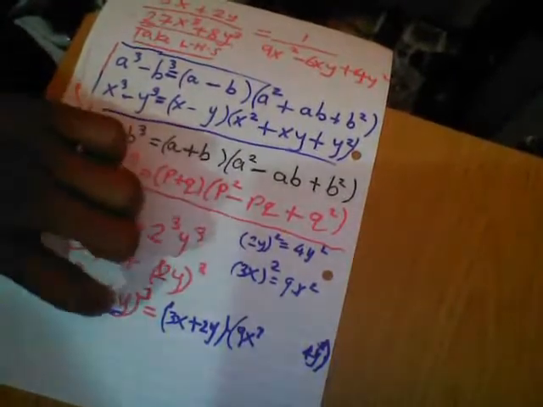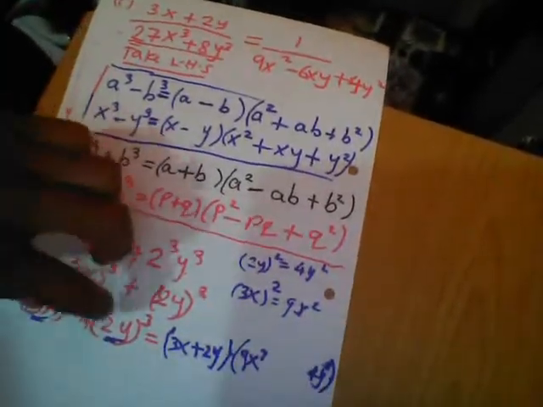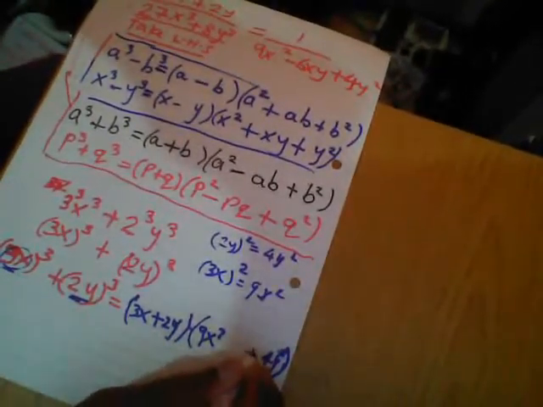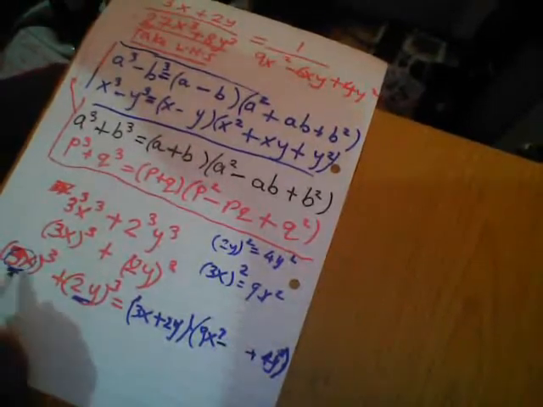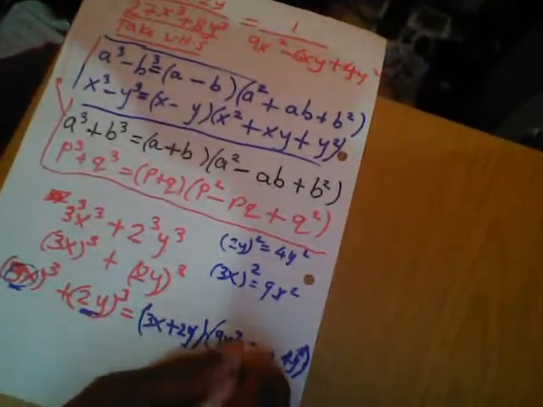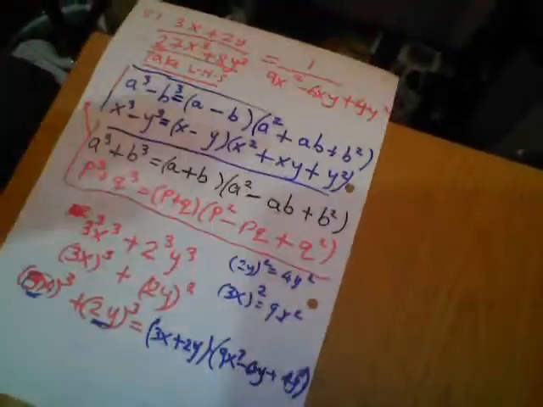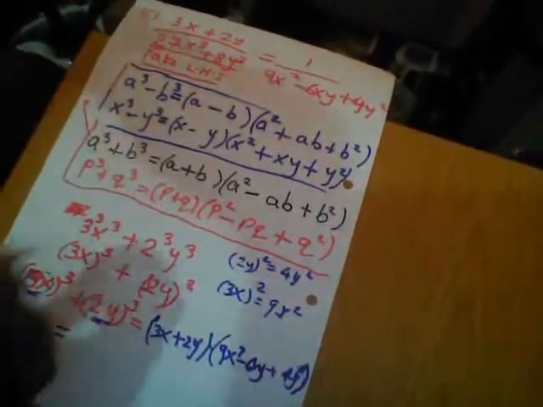And then what do you do? You write the last one. What is the last one? This one, 2y. So 2y squared is going to be 4y squared. So the last is going to be 4y squared. I'm trying to put them together so that it can be okay.